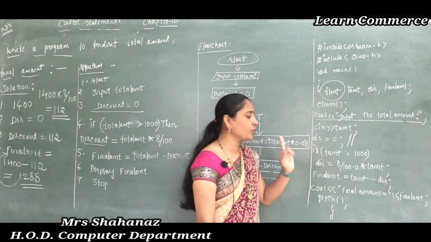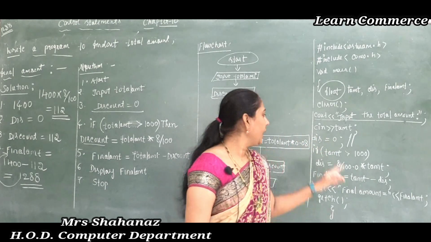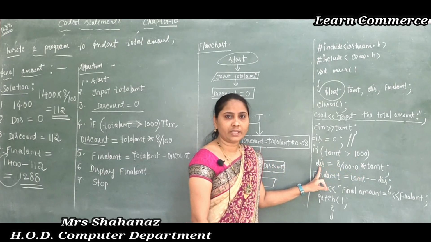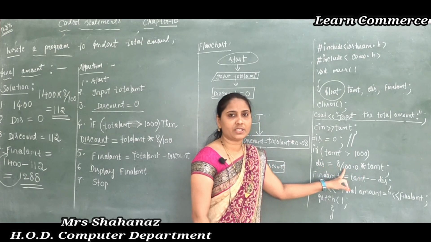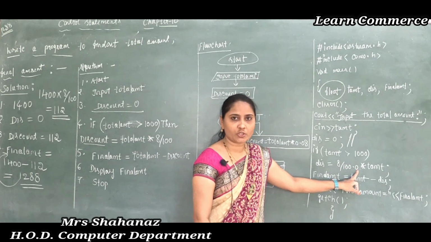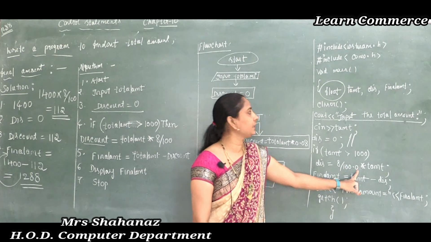Next I am using one condition: if total amount greater than 1000, then sure the calculation, this value is equal to 8 by 100.0. Because of this I used the data type float.